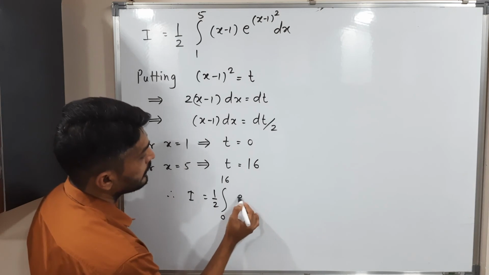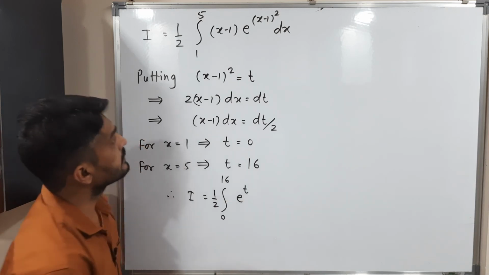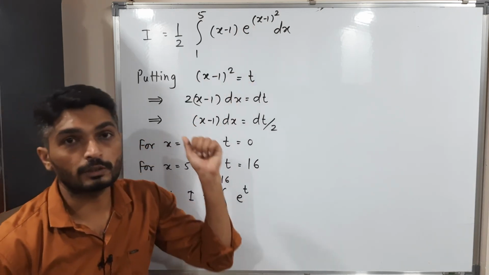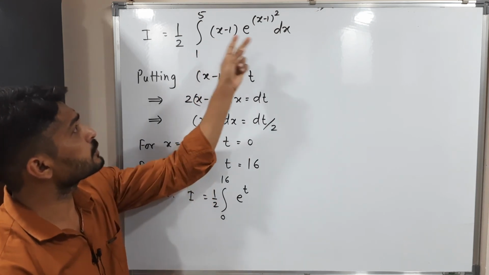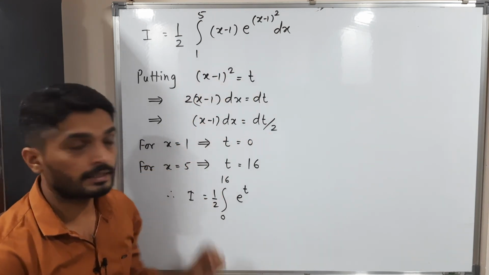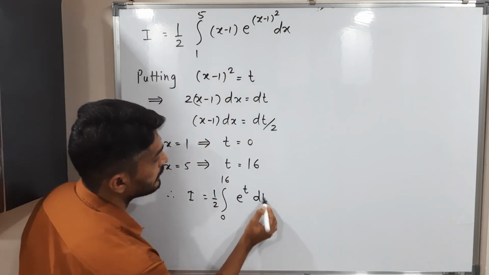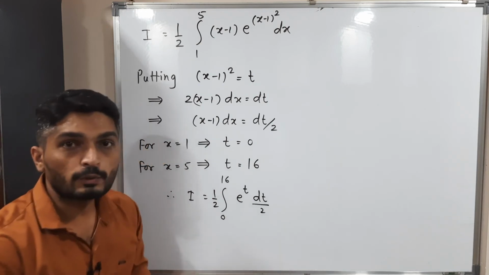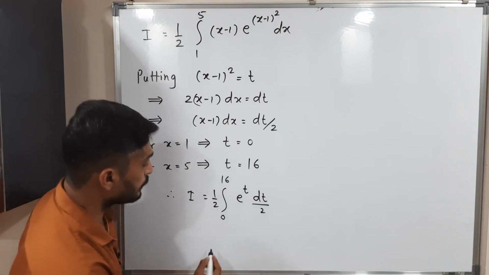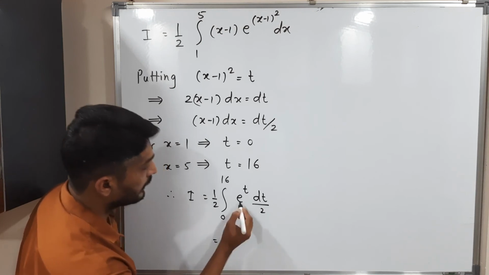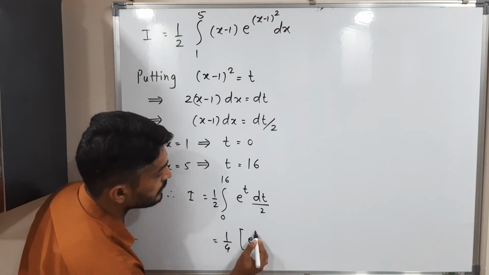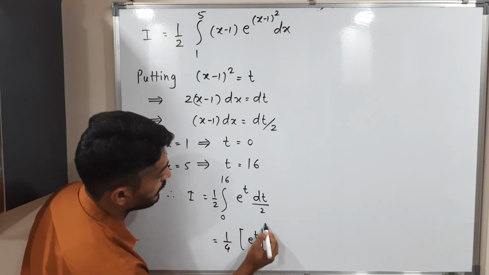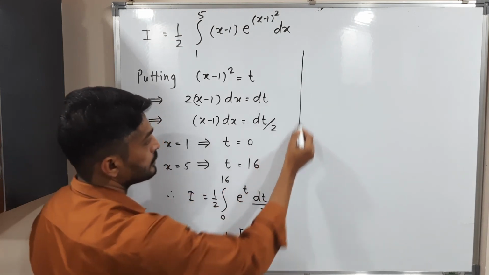E raised to what will we have? T only, since x minus 1 square is equal to t. x minus 1 dx, we can replace it by dt by 2. So this is dt by 2. That 1 by 2 is a constant, we can take it outside. So 1 by 2 into 1 by 2, 1 by 4 we will have. Integration of e raised to t is e raised to t, the same.